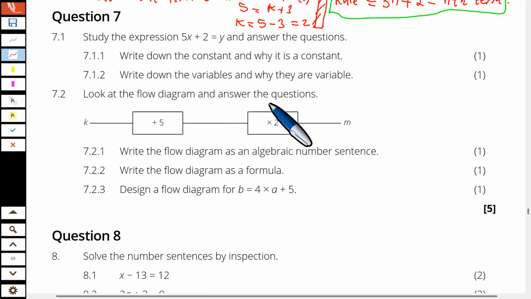What do you think the constant is? What do you think the answer is to 7.1.1? The constant is number 5. Okay, that's fine. Well, Lenny, the constant here is the number that is without a variable, and therefore here the constant is 2.